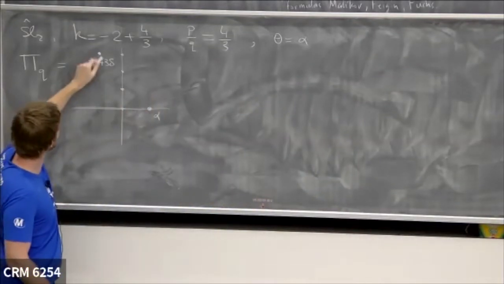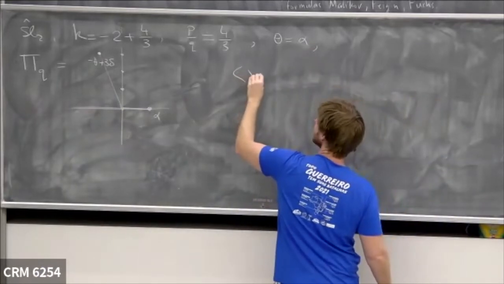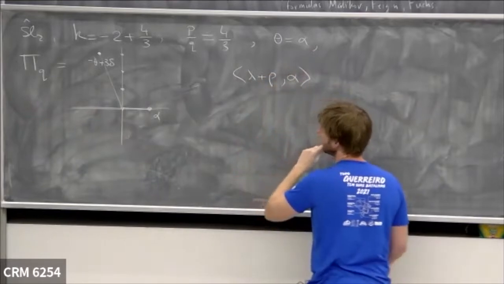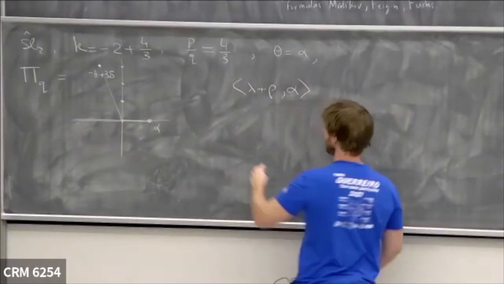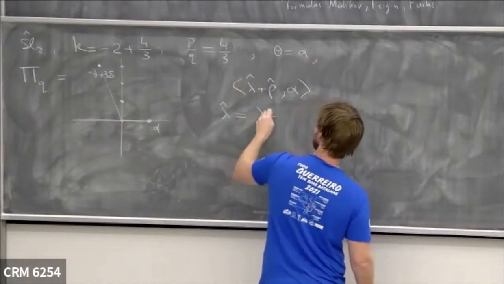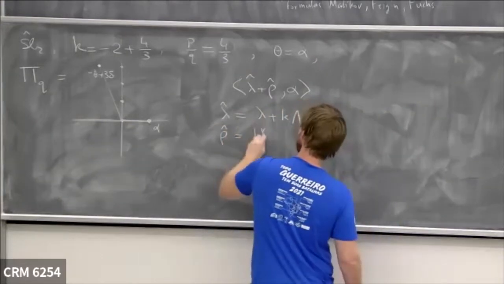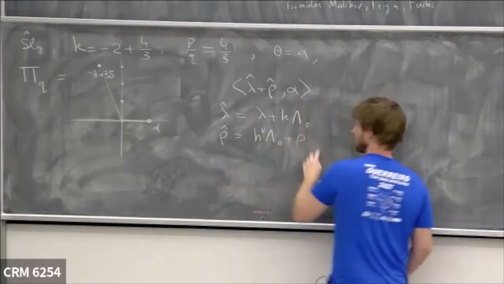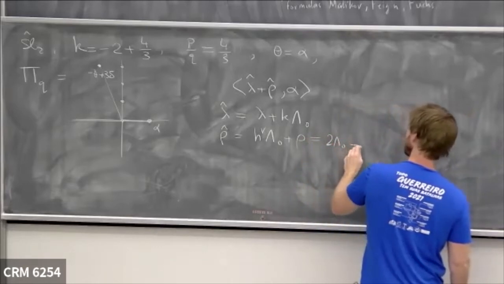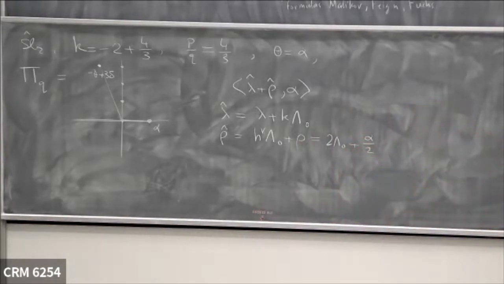Right, so we got that guy. What else? The condition talks about lambda plus rho, pairing that with an alpha. So now I should be more careful than I was in the lecture. By lambda, actually I mean lambda hat and rho hat. Lambda hat means lambda plus k lambda 0. And rho hat means h check lambda 0 plus the usual rho. Okay. Rho is half the sum of the positive roots.